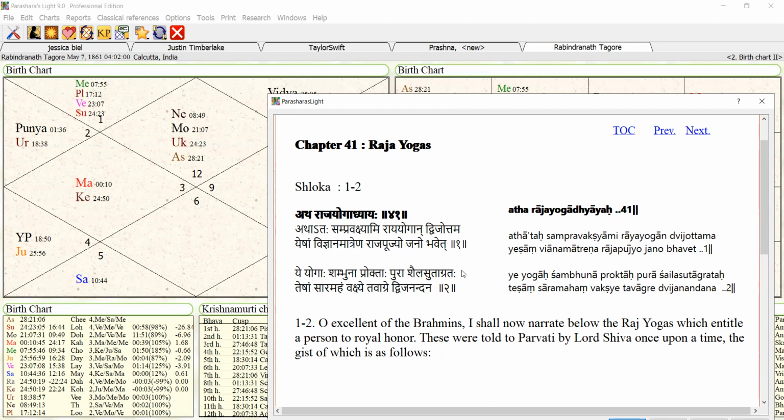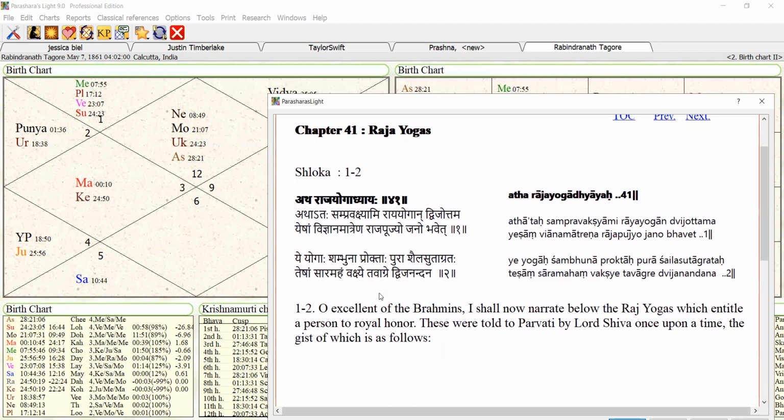So it's beautiful. Just reciting these is a mantra; you feel the power of it. And all he's saying is, I'm going to tell you about these yogas that were told by Shiva. Who? Shambhu. Here it says Lord Shiva, but it should say Shambhu, because that's what it says in the Sanskrit. And instead of Parvati, what does it say? Shailasuta, the daughter of the mountain.